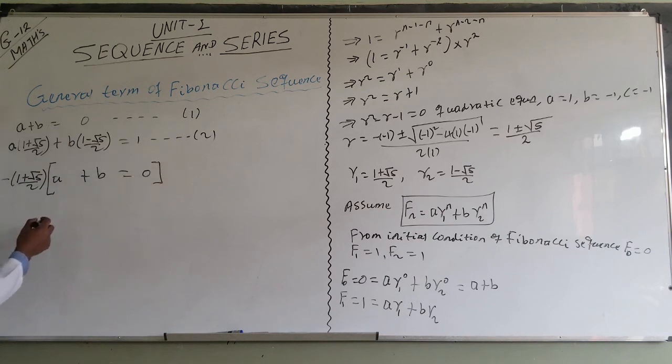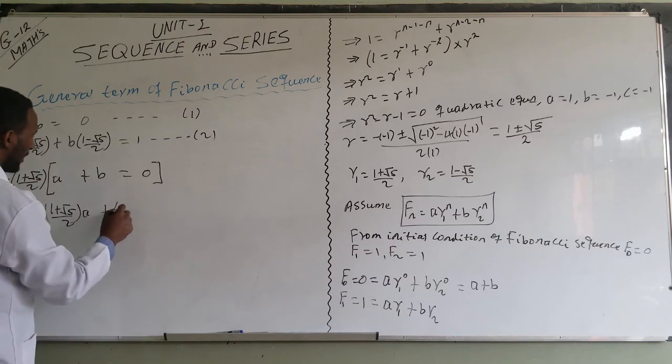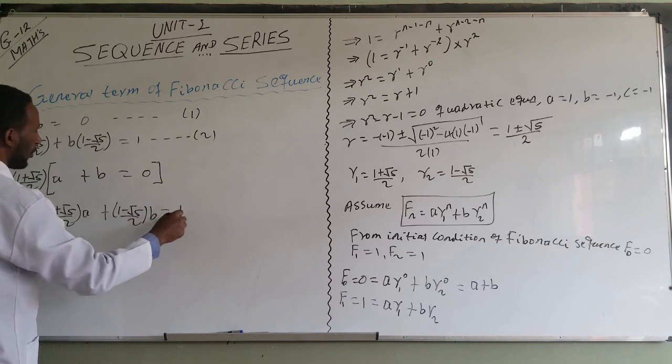And take the second equation as it is, 1 plus square root of 5 over 2 times A plus 1 minus square root of 5 over 2 times B is equal to 1.